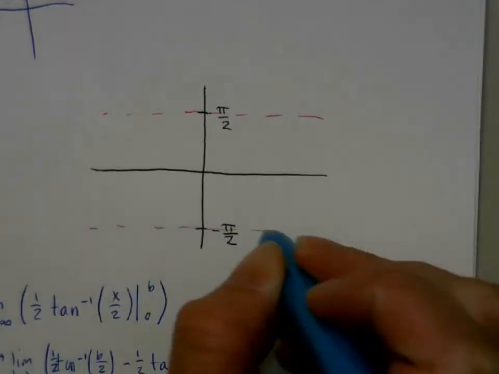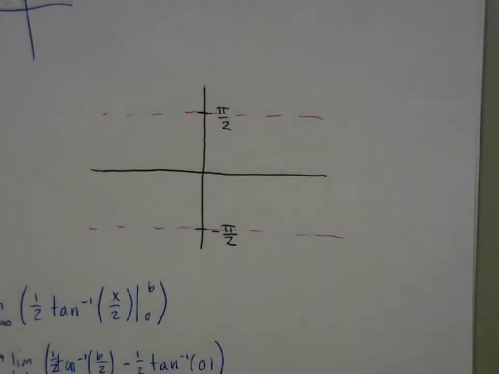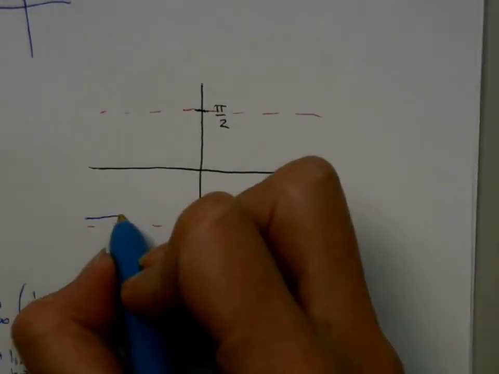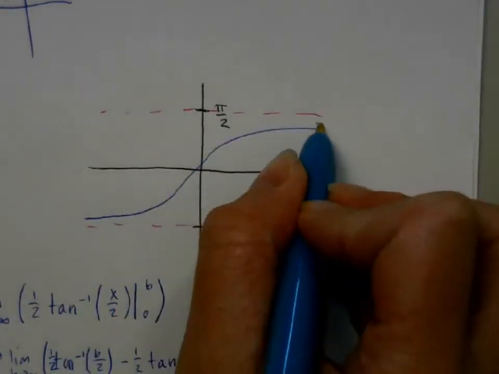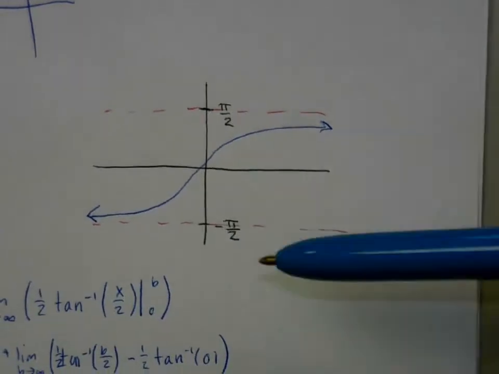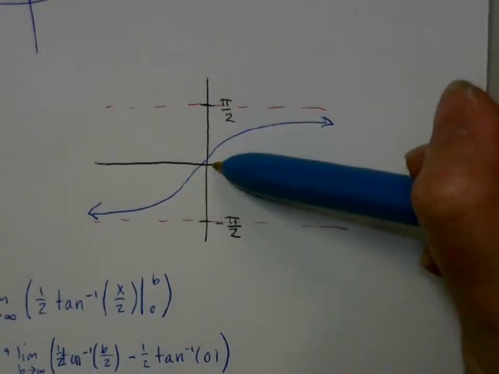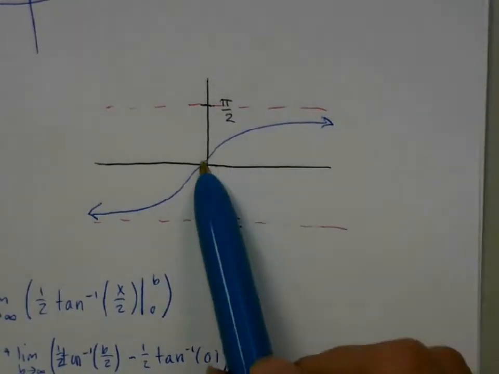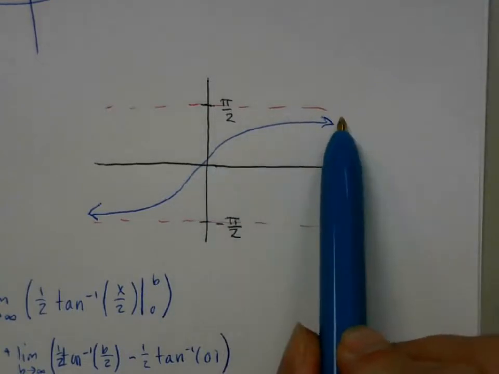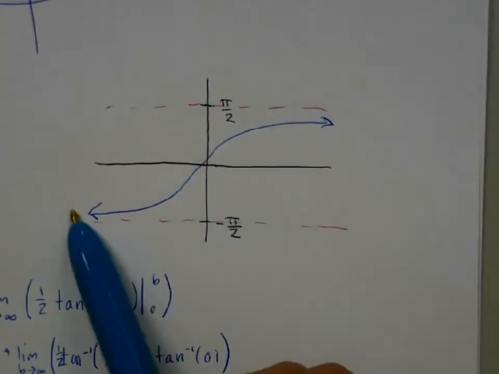Tangent is undefined at pi over 2 and negative pi over 2, which means the inverse tangent looks something like this. So the three pieces of information: tangent inverse of 0 is going to be 0. As we go to infinity, it levels off at pi over 2. As we go to negative infinity, it goes to negative pi over 2. So that'll help us with our integral.